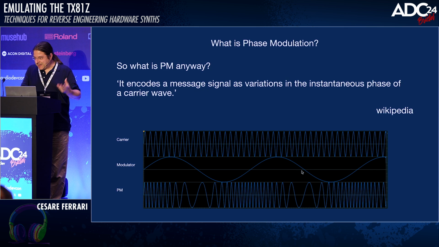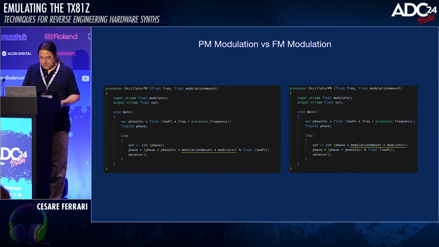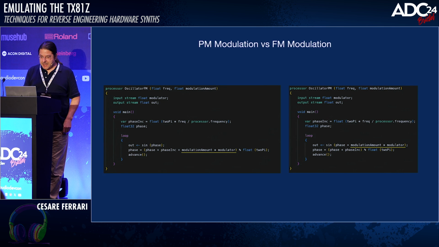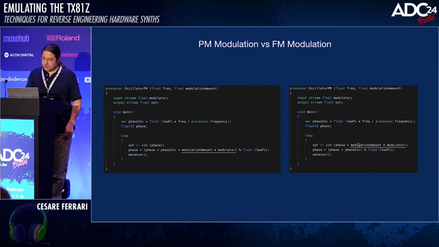What does this mean in code terms? Well, all you have to do, there's the FM modulator on the left and the phase modulator on the right, is basically move where this modulation amount appears. So I've underlined them in yellow here. What we're doing here is we've got exactly the same algorithm, exactly the same inputs, but instead of the modulator affecting the phase, the modulator affects the output, but not the phase.